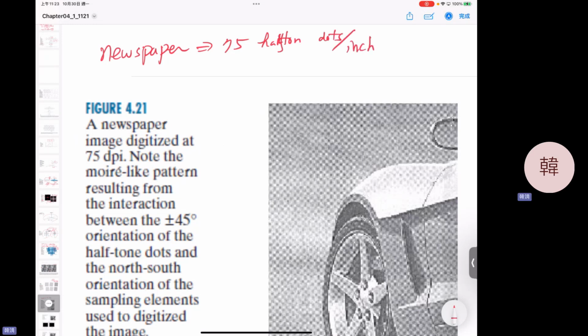And for a magazine, okay, some magazines use 133 dots per inch. So different resolutions. But for a higher quality magazine, they use 170, 175, a higher quality DPI.